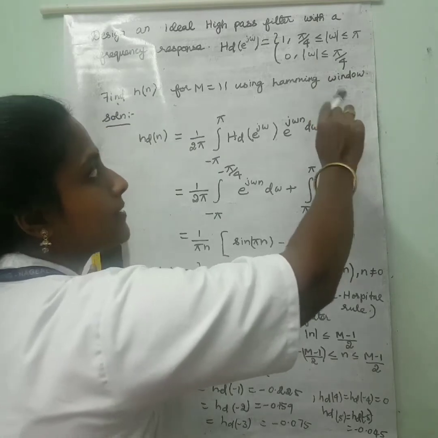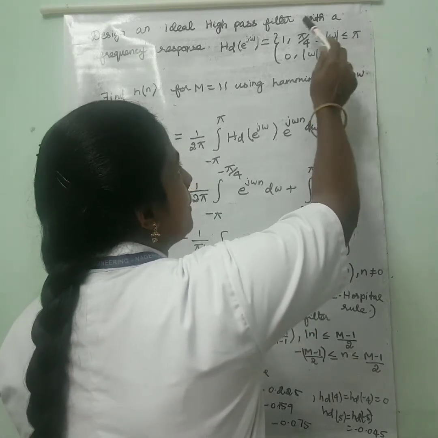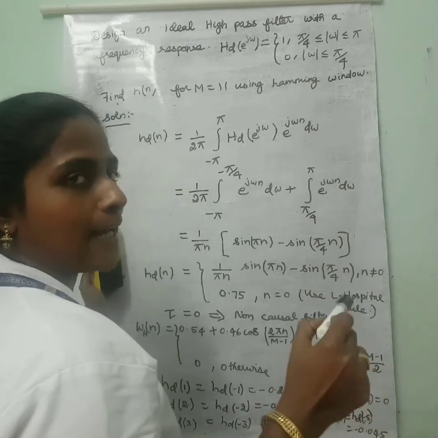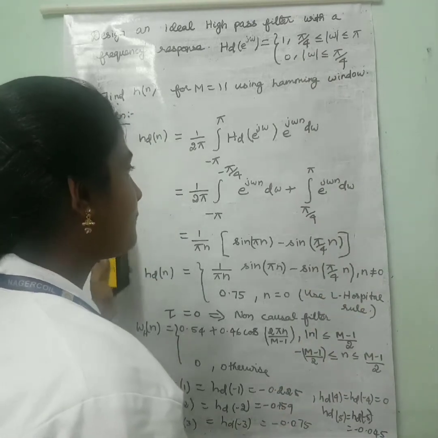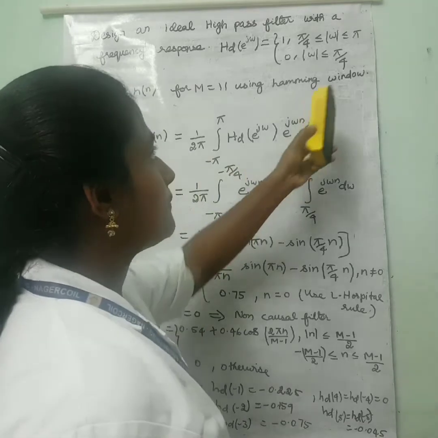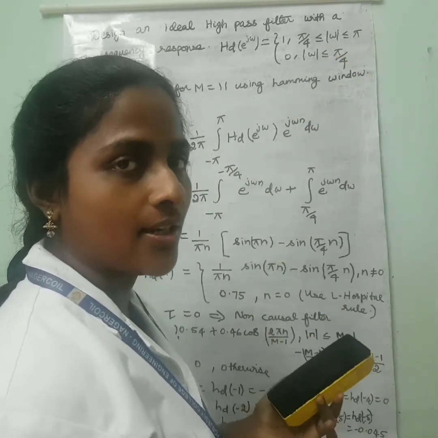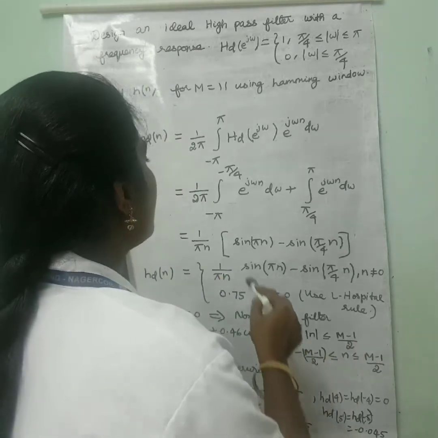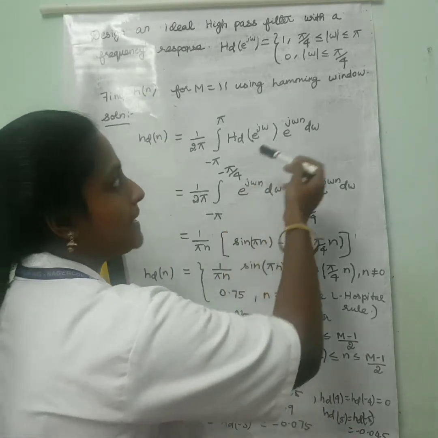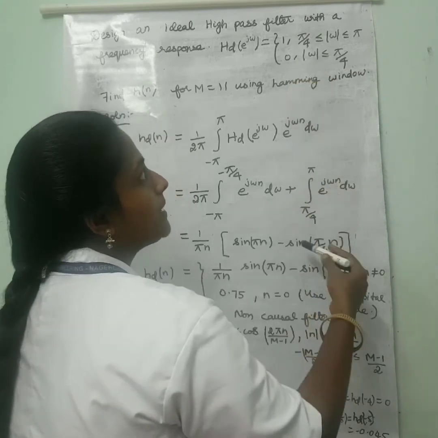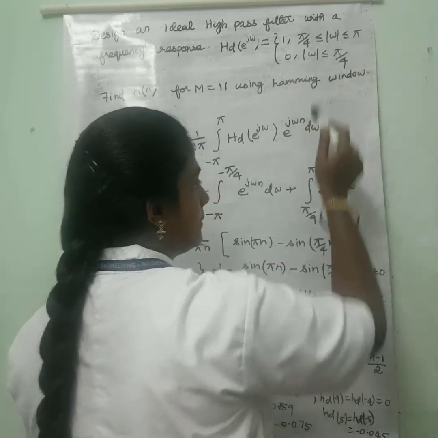Next limit is pi by 4 to pi. Do you understand? Modulus of omega means we have to take both positive and negative limit. So first limit is minus pi to minus pi by 4. Second limit is pi by 4 to pi.